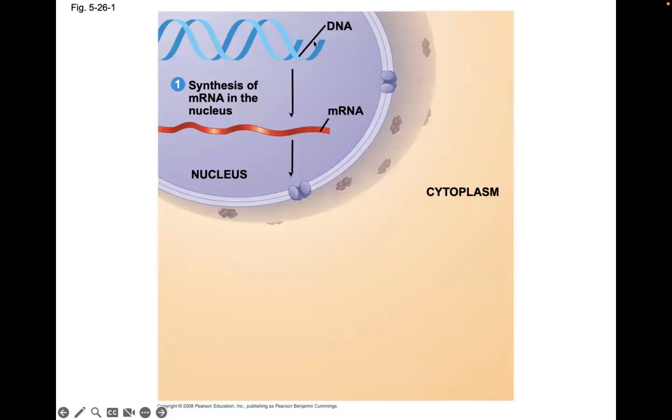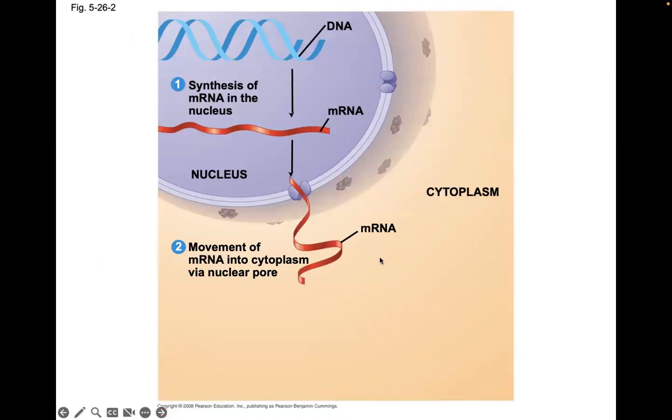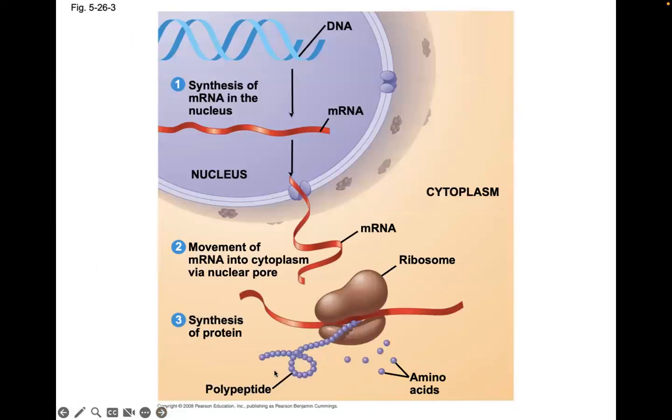This is why the mRNA moves out of the nucleus to the cytoplasm region, into the ribosome, where it's going to produce the proteins, which are called polypeptides.